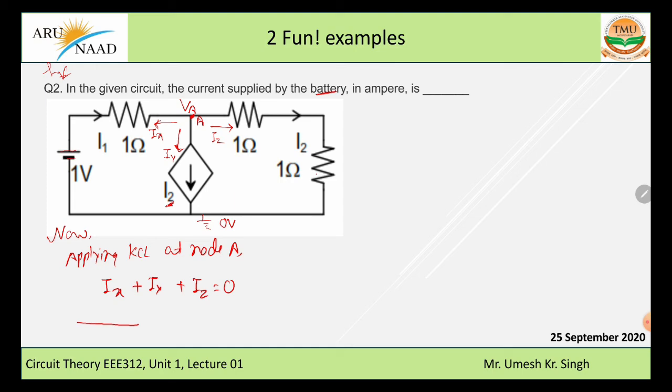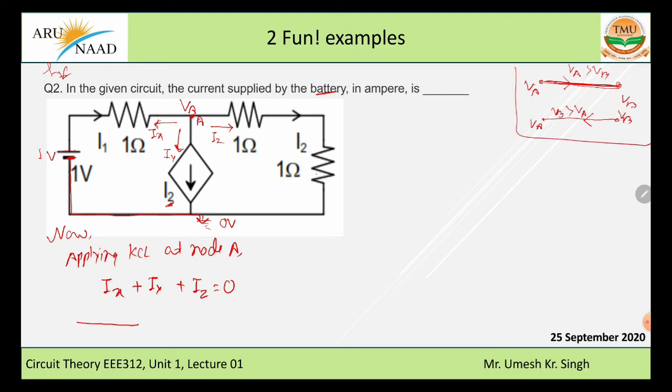The lower terminal is 0 as it is directly connected to ground. Now in electrical circuits, current flows due to voltage difference. If VA and VB are equal, then no current will flow. If VA is greater, then current will flow from VA to VB, and if VB is greater, then current will flow from VB to VA.